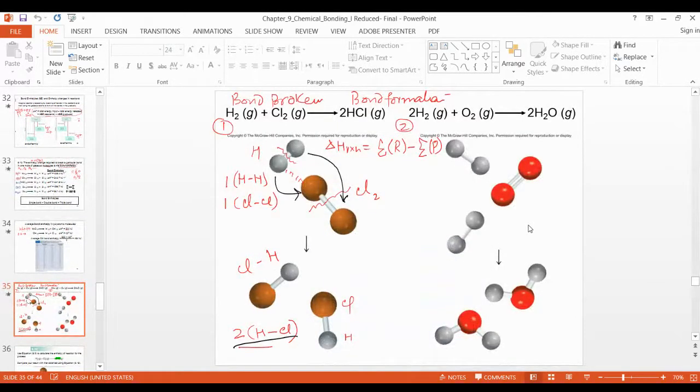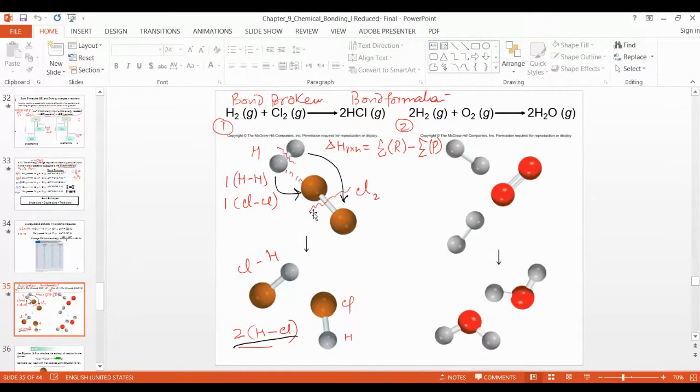Now this is an example. H2 has an H-H single bond, Cl2 has a Cl-Cl single bond. These 2 bonds are broken and 2 HCl bonds are formed, each with H and a single bond to Cl. So 2 HCl bonds are formed, the way I already explained.